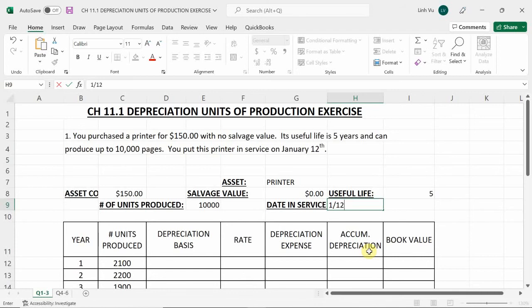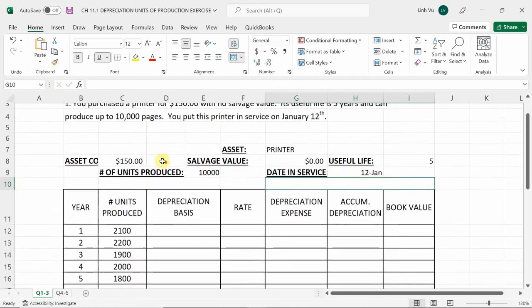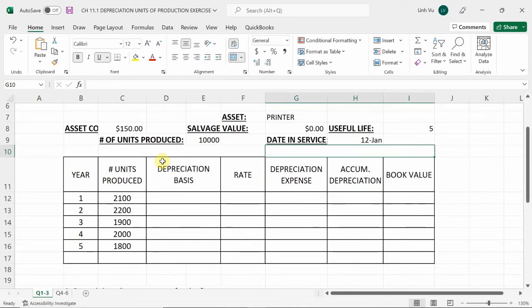Exactly, you would depreciate it as of January 1st. So I'm assuming that I'm going to start depreciating it by the whole year, starting January 1st, then one whole year is going to be one whole year of its life.